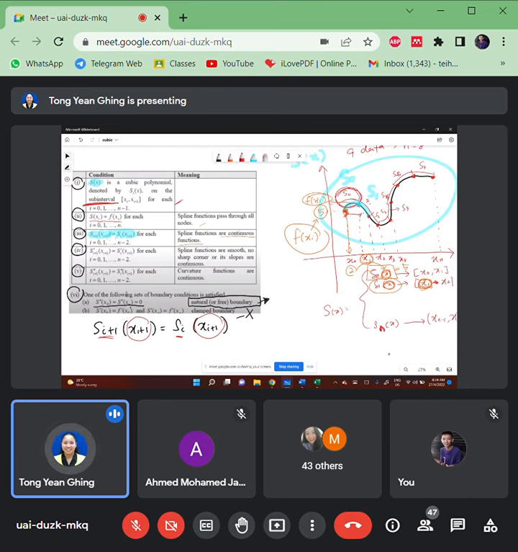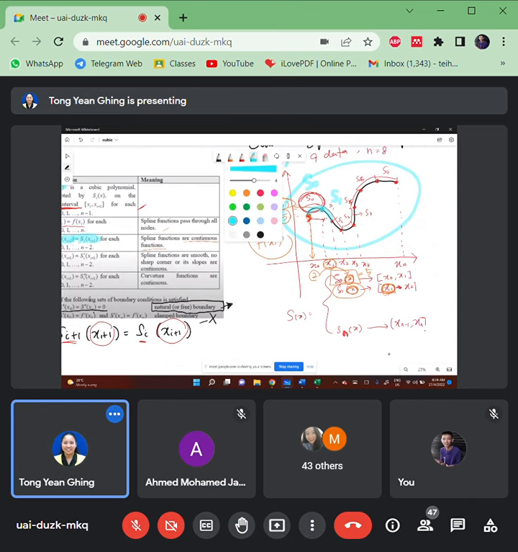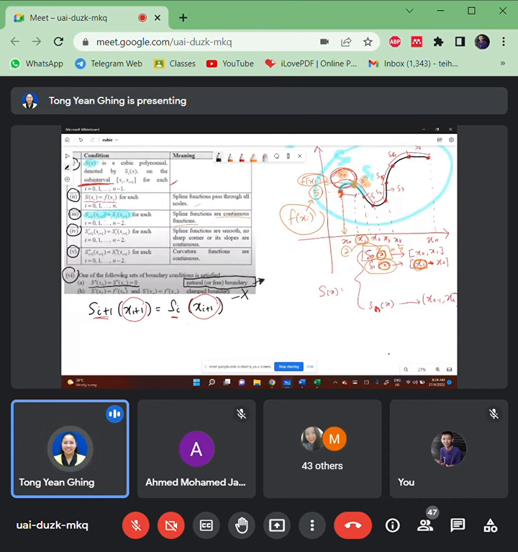So the example that I can give is this one. At this point, let's say this one is x1. So at this point, we'll have x0 and x1. It continues. So if let's say I want this one to be the same, S1 for the x1 has to be the same with S0 of x1. Because they are continuous. Okay, between this and this one.